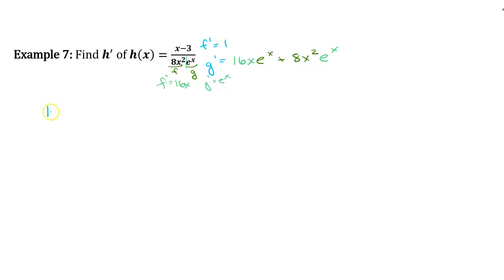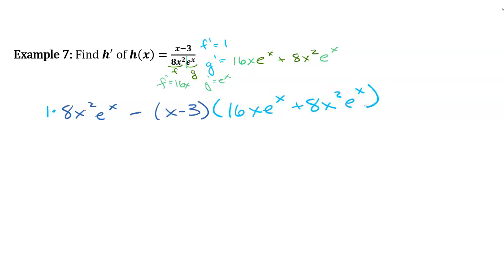F prime times g minus f g prime, the blue g prime this time, all over g squared.